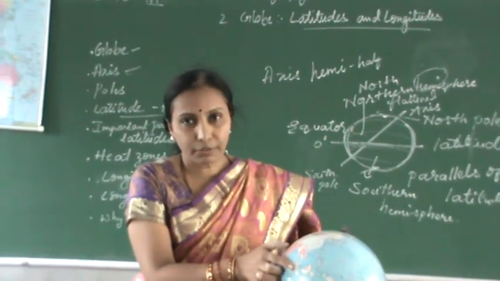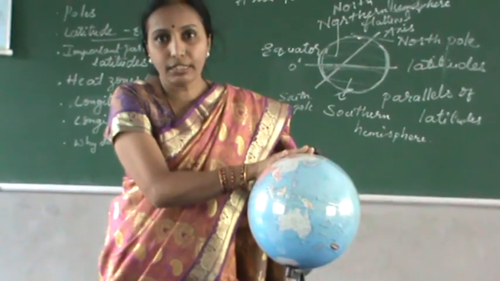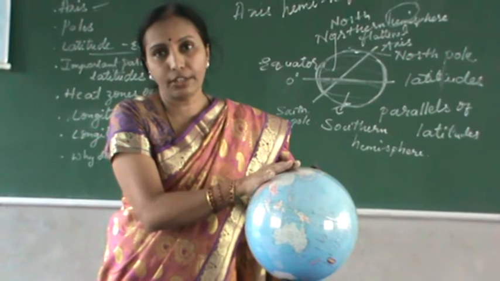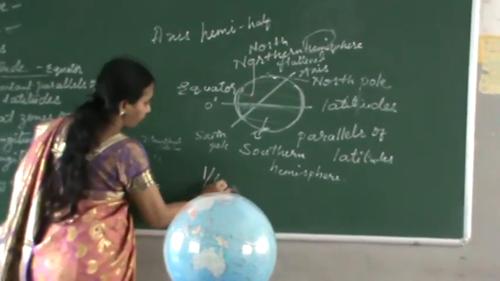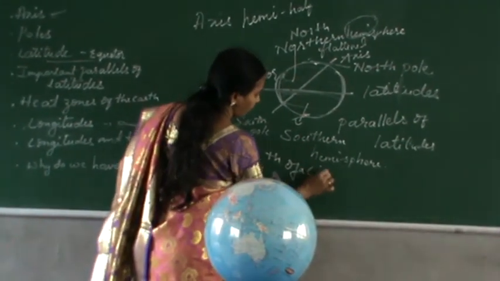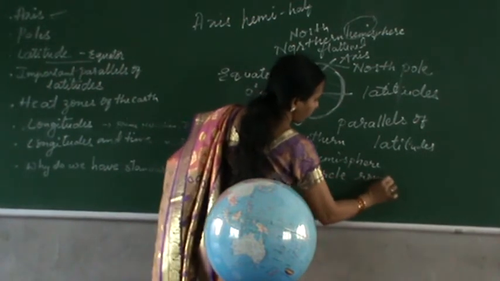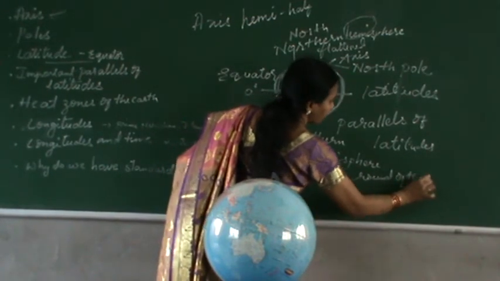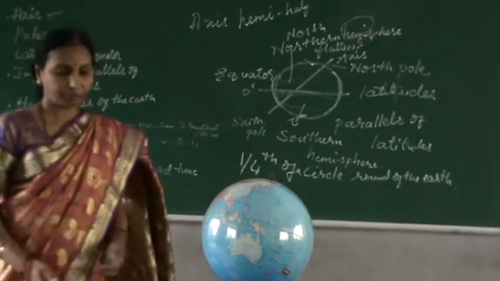Now see, the distance from the equator to either of the poles is 1/4 of a circle round the Earth. What does 1/4 of a circle round the Earth mean?